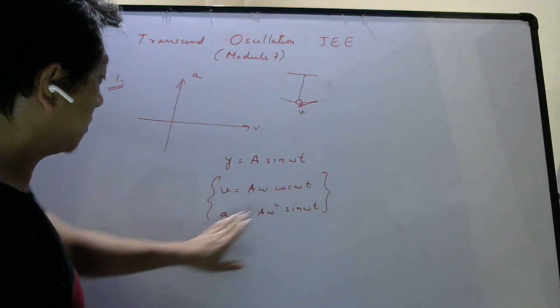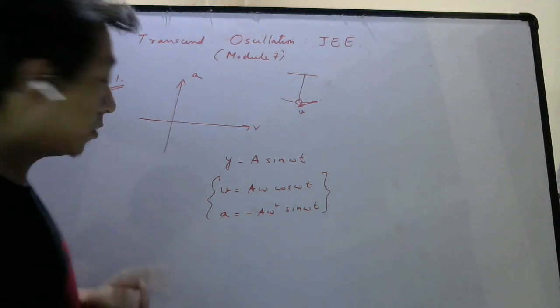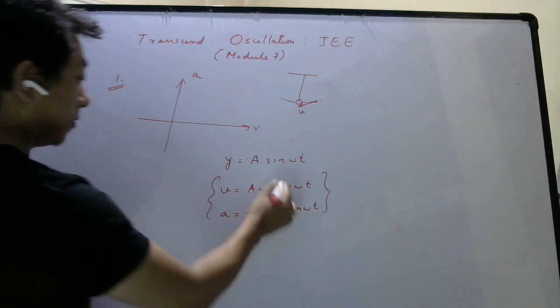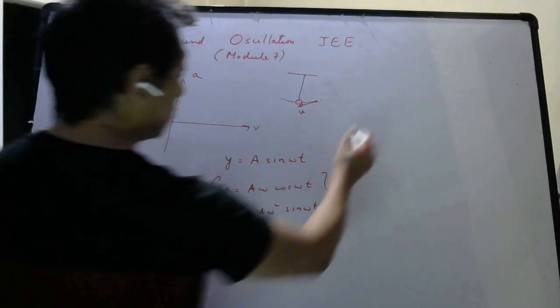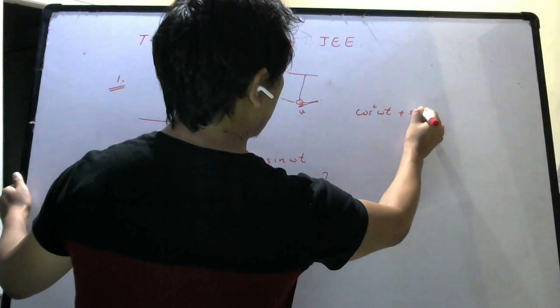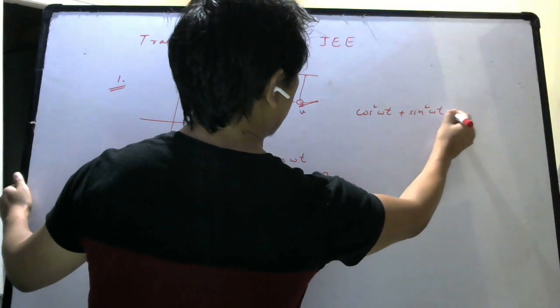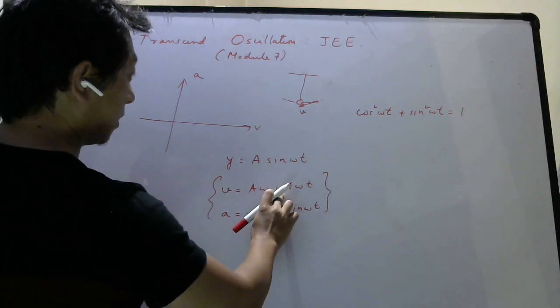this is acceleration in terms of time, but you want a graph between acceleration and velocity. So you need to relate these two. The common thing between them is obviously time. So how can you connect cos and sine? You know that cos square omega t plus sine square omega t equals 1. So what is cos square omega t from here?